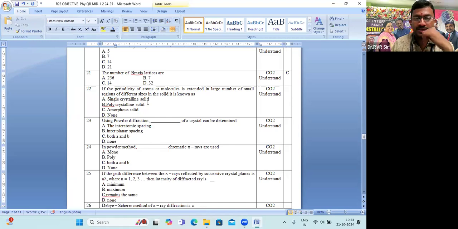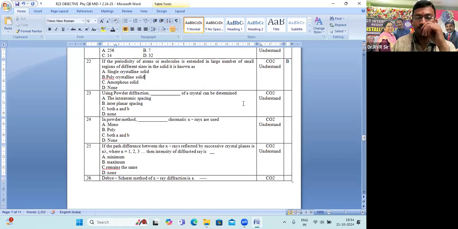If the periodicity of the molecules is large number of small regions of the size, then the solid is known as, and it will be polycrystalline solid. Using the powder diffraction of a crystal can be determined.